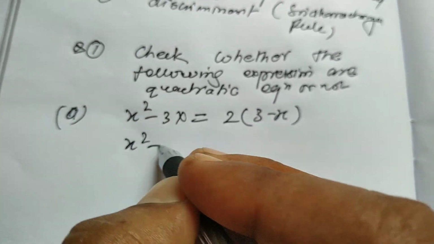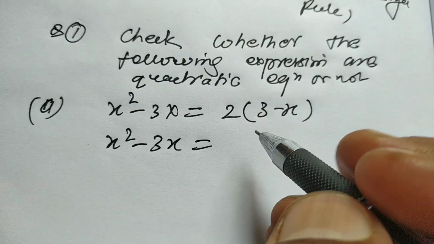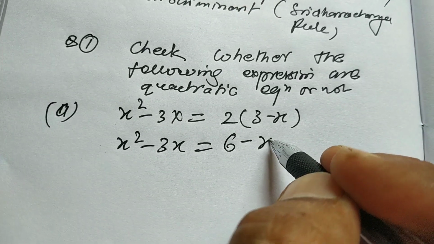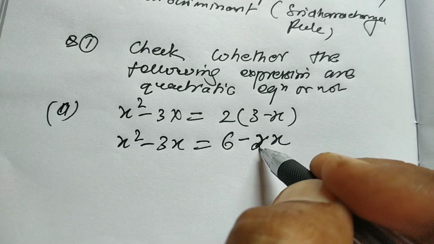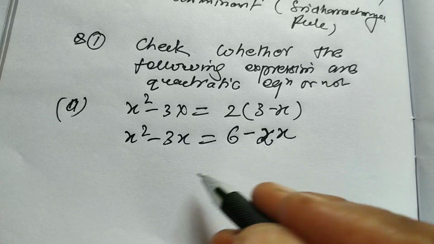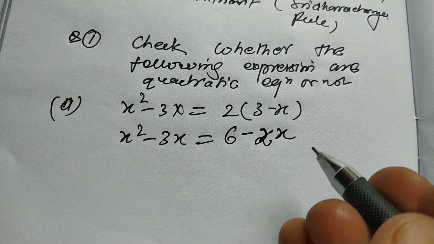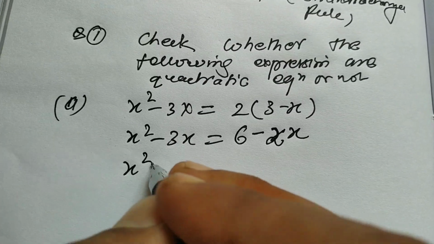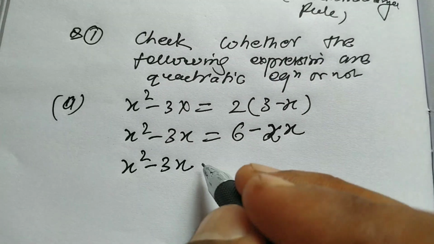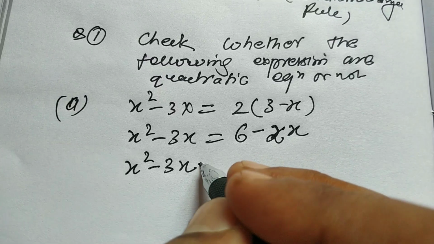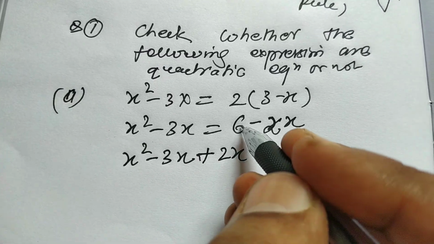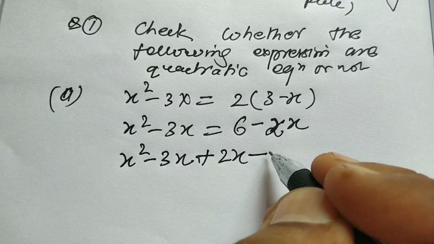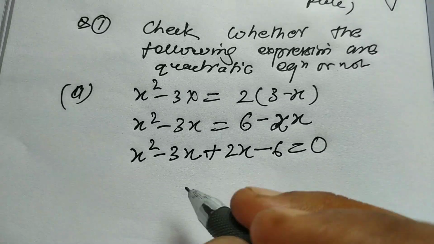So this is x square minus 3x is equal to 6 minus 2x. Now transfer the right hand side to the left hand side and the signs will change. This is x square minus 3x plus 2x, and 6 is positive on the right hand side, so transferred to the left it will be negative, minus 6 is equal to 0.